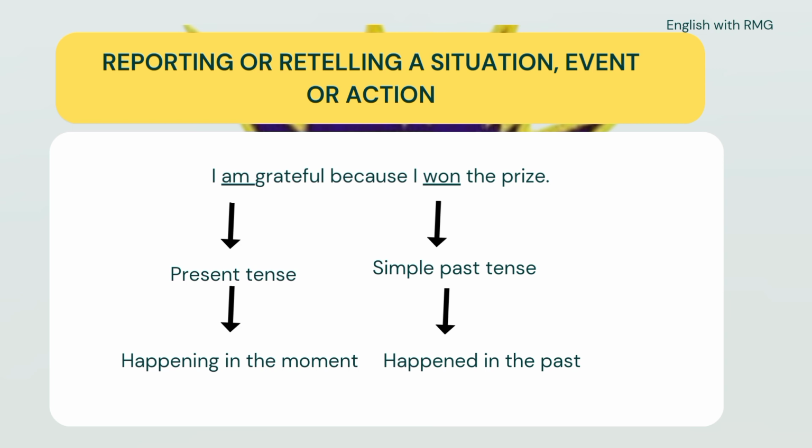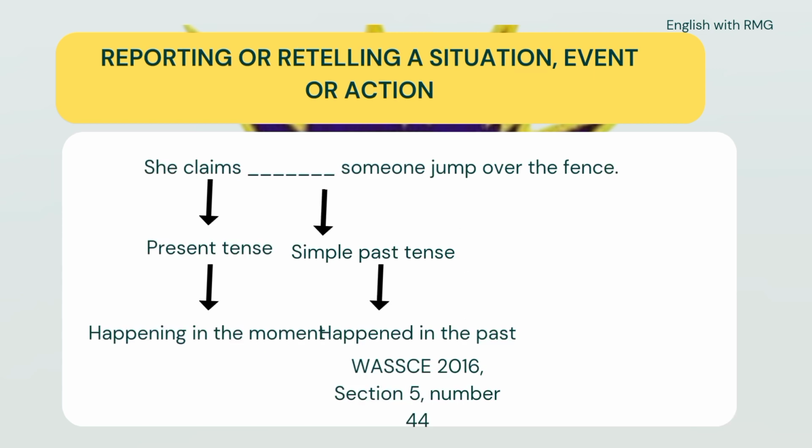So when I have a present tense, the other one which happened earlier is going to be in the simple past tense. Do you understand? Happening in the moment plus happened in the simple past. I am grateful because I won the prize. This moment, am. The past moment, won.